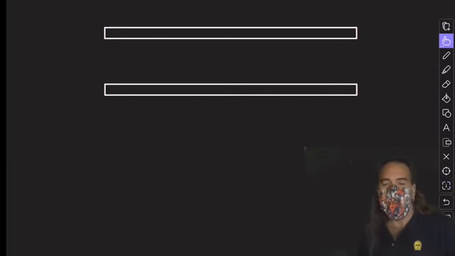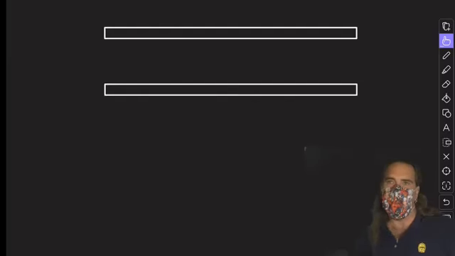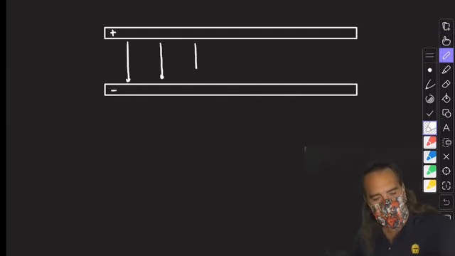We're going to basically fudge what we call edge effects and assume that edge effects don't exist. Meaning we're going to have 2 plates that are very, very big compared to their separation distance, which allows us to assume that when charged, there is a uniform electric field everywhere between the plates.